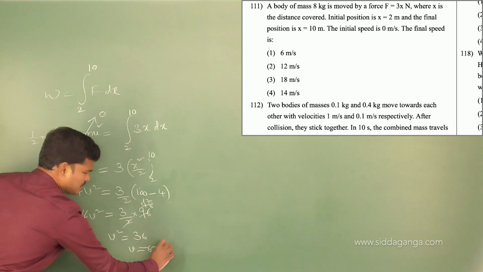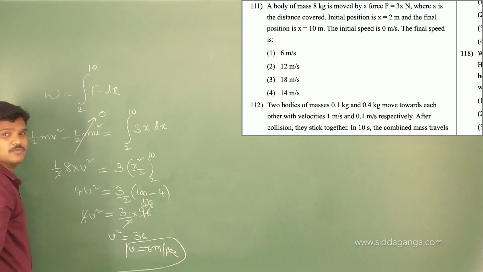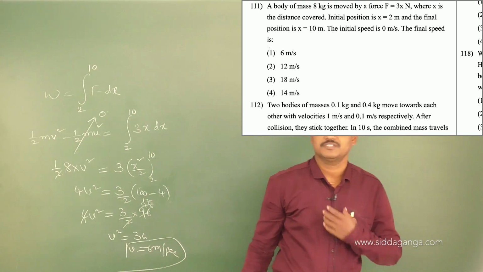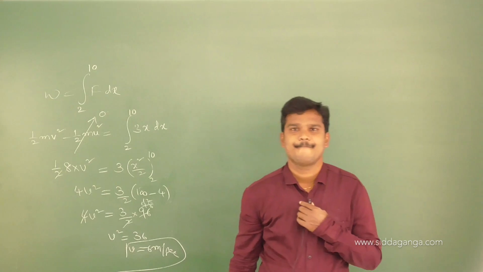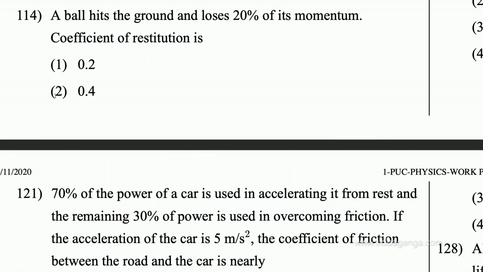V is equal to 6 meter per second. So what is the value of V? 6 meter per second. So simple question this is also, no need to worry. Okay, see the next problem. Yeah, this is also a direct question.